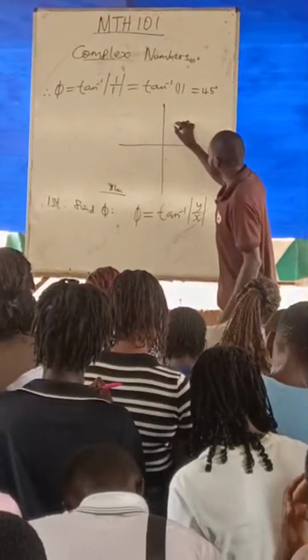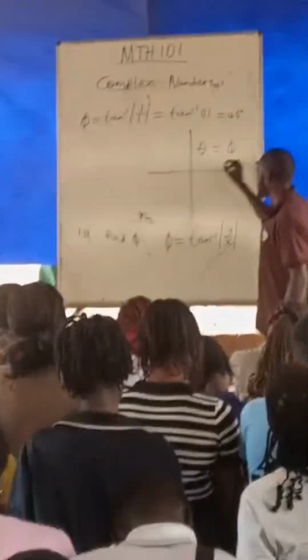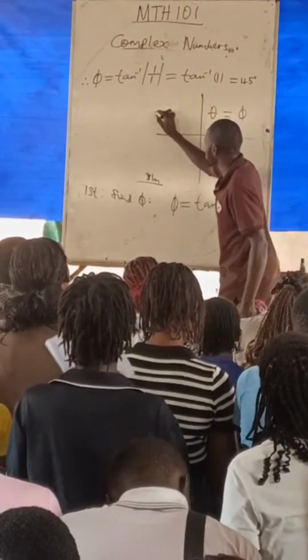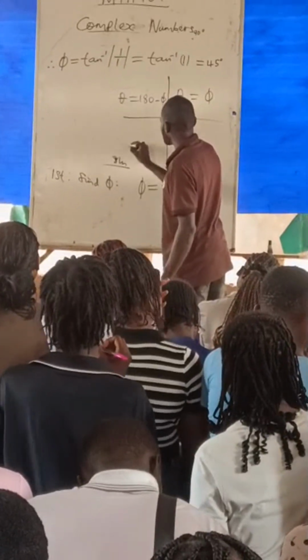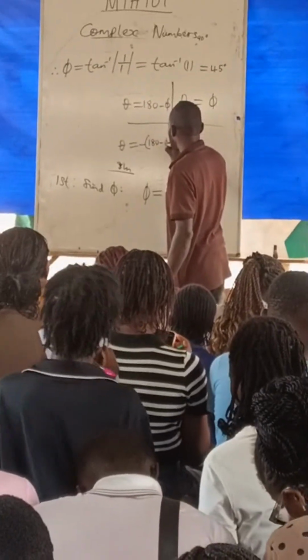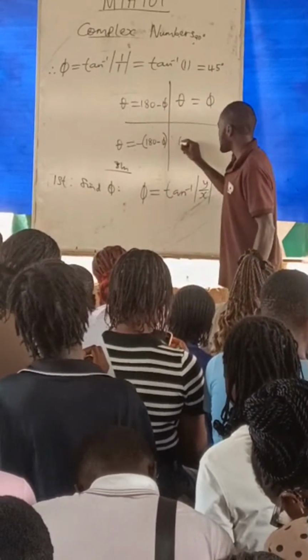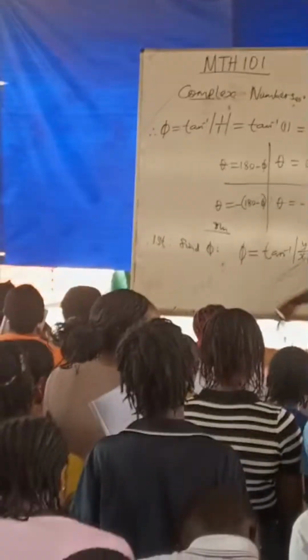For example, I told you that if a complex number lies here, the answer is going to be the rough angle. If a complex number happens to be in the second quadrant, it is 180 minus the rough angle. Then if it is here, the angle is minus bracket 180 minus rough. Then if the complex number is here, the principal argument is negative of the rough angle. Can you see the mutual mirror image?